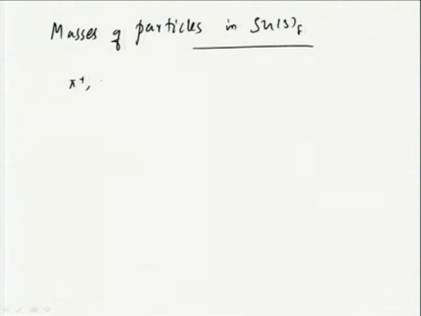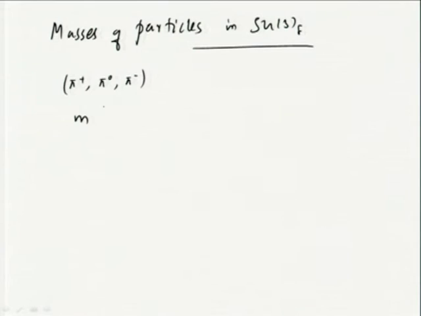Now, let us come to another aspect, masses of particles. In the SU3, we saw that, in fact, in the beginning when we discussed the isospin grouping, we said take pi plus, pi 0 and pi minus. We wanted to group them together because they are all having similar mass, about 140 MeV per c square.